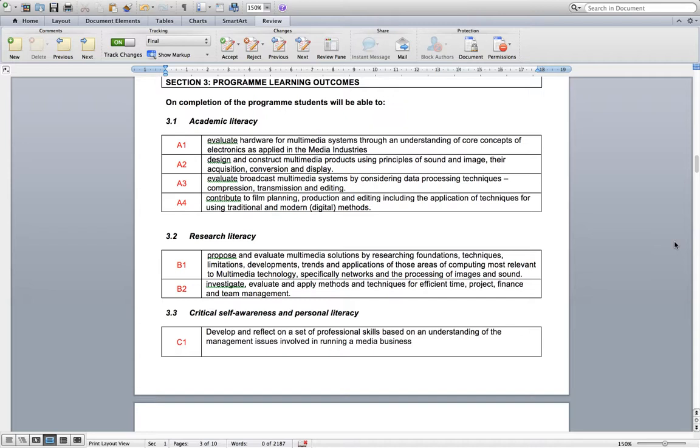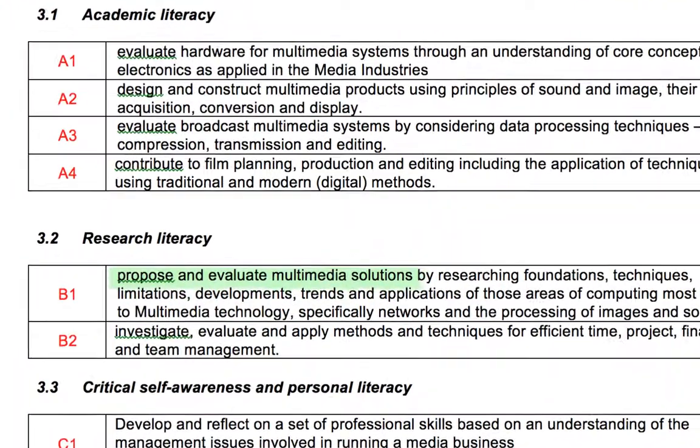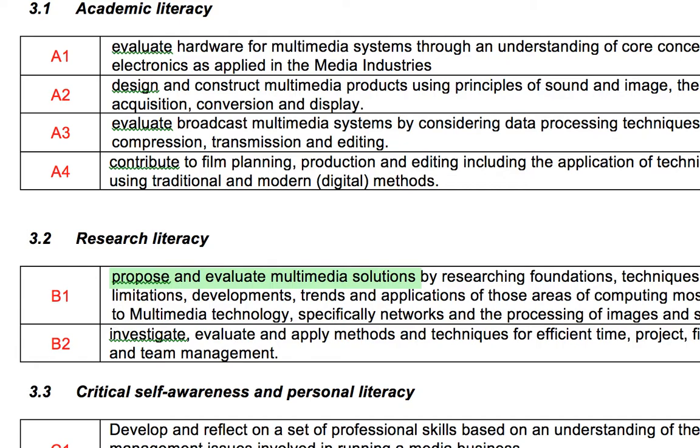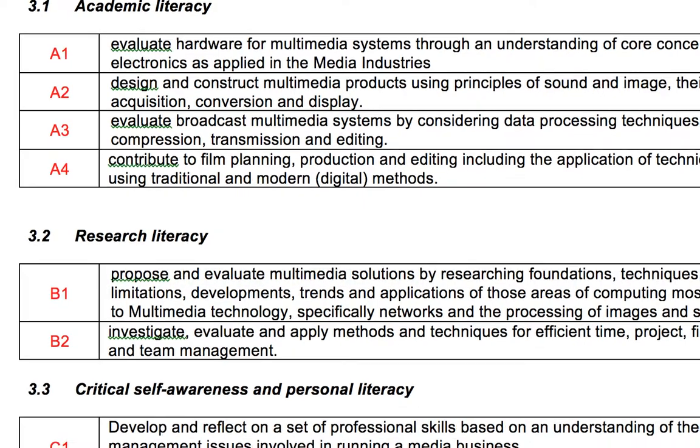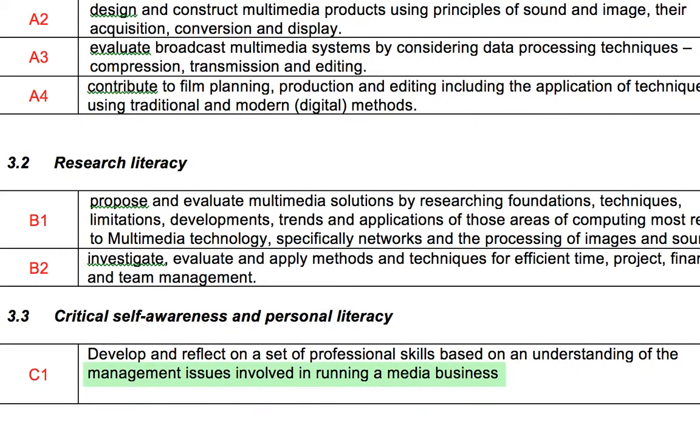Also, as with the previous example, the learning outcomes are contextualised for the discipline of media technology. I'll leave you to refer to the document, which you can find on the website.